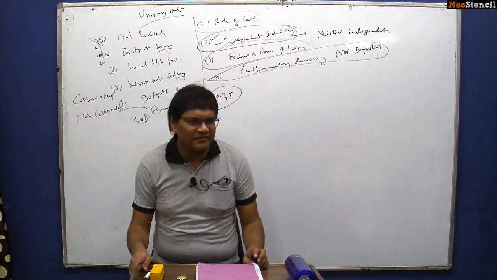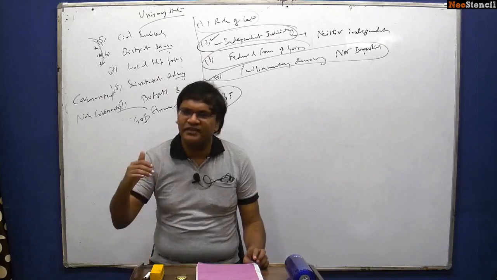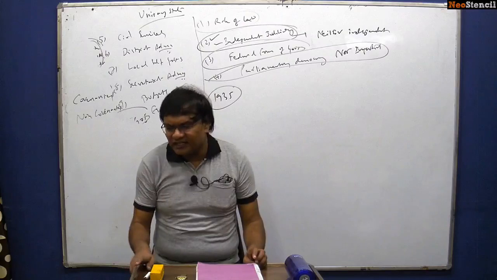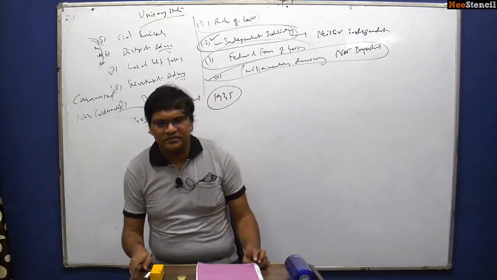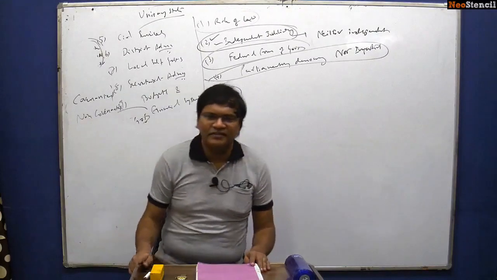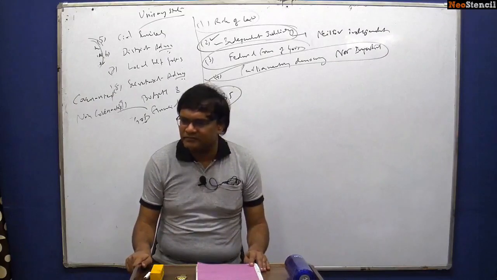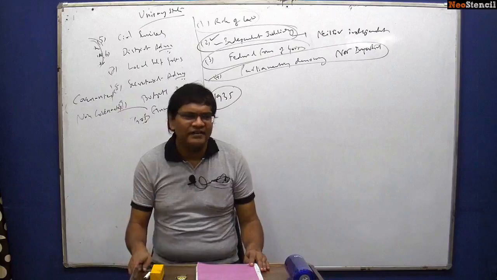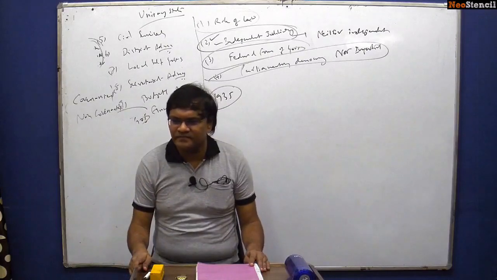Top services were what we call covenanted civil services. The agreement was there. Then the other one is non-covenanted civil services. Non-covenanted means there was no agreement between the employer and employee. And for these non-covenanted civil services, Indians were given opportunity to work.